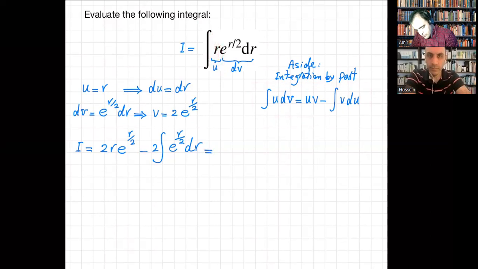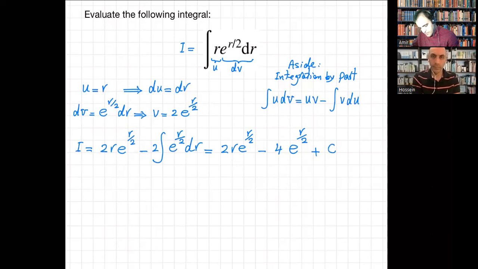So it is equal to 2r e to the power of r over 2 minus 4 e to the power of r over 2 plus constant c.